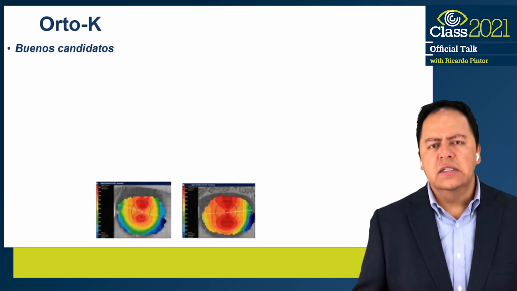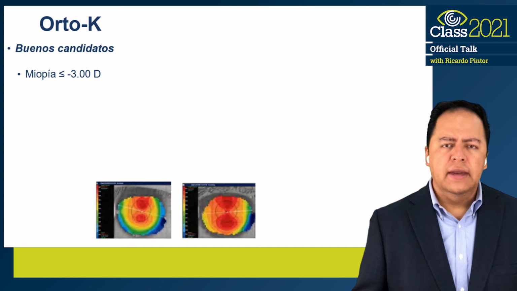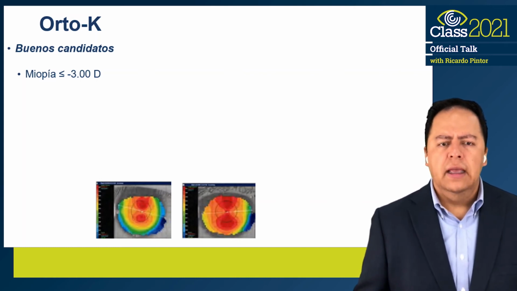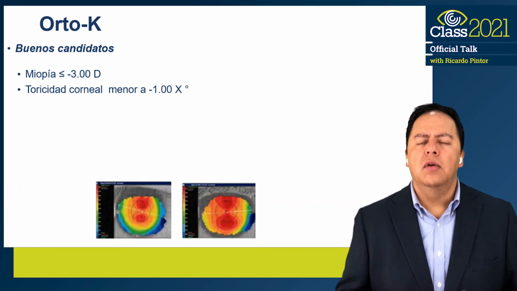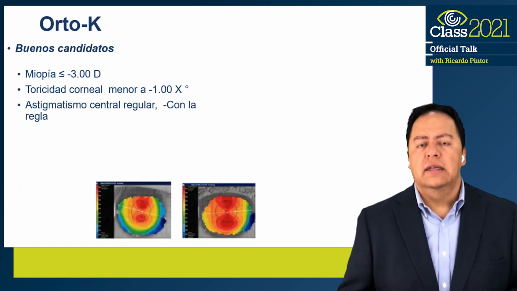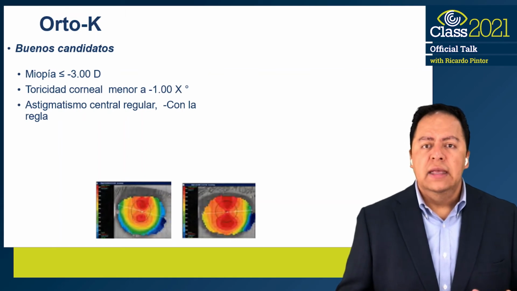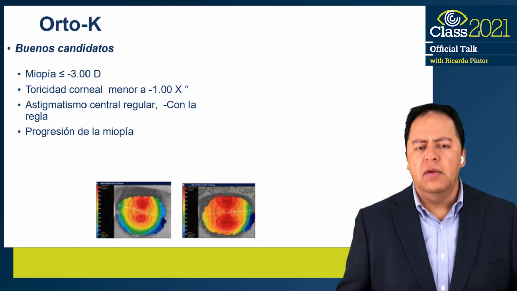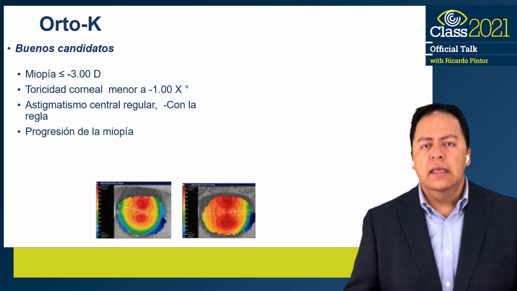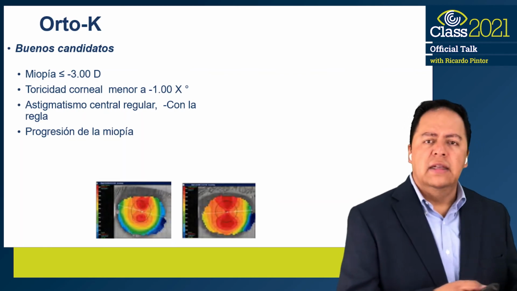In other words, who would be a good candidate? This is a list that we have placed here. I would think that a myopia up to 3 or 4 diopters is a very good candidate, where the corneal toricity is not very high and the astigmatism is regular, meaning there is no high irregularity that does not allow me to work with most designs.